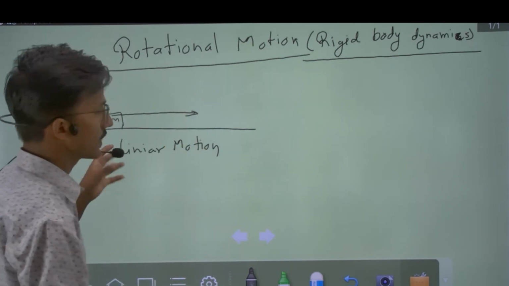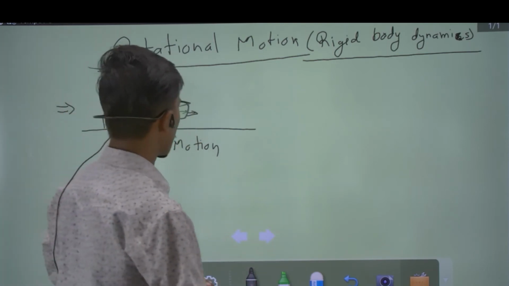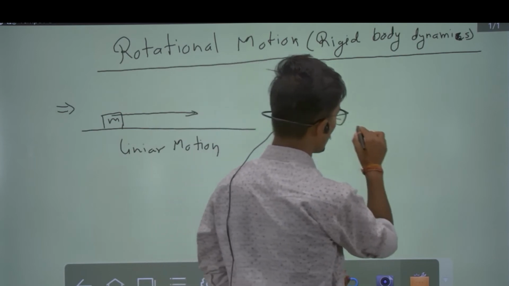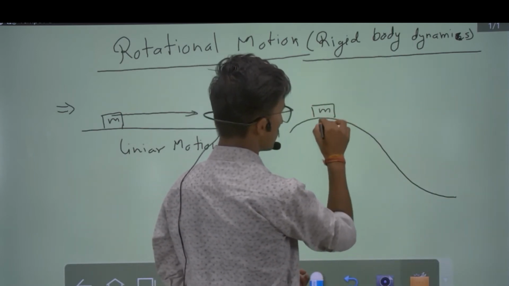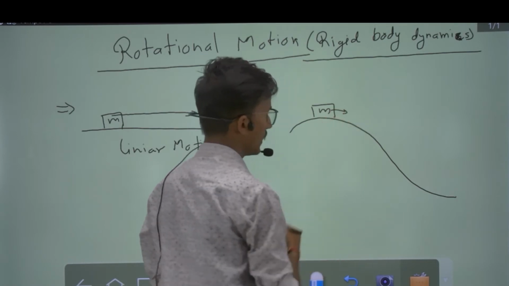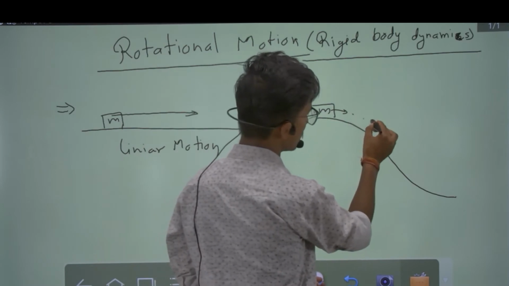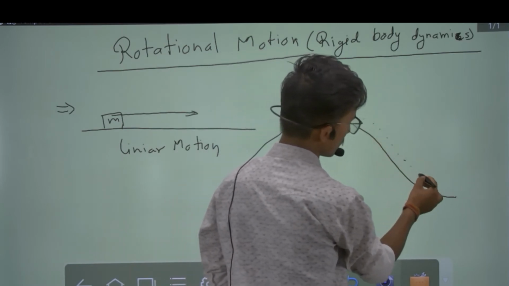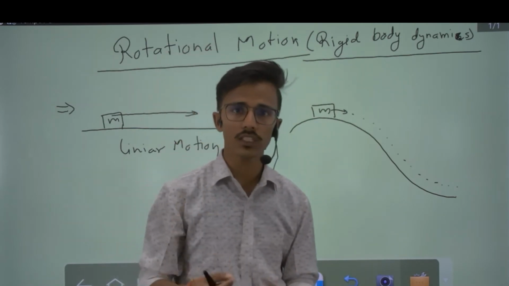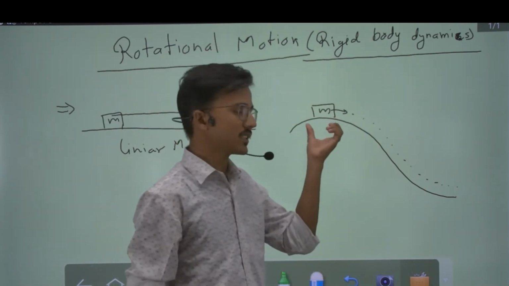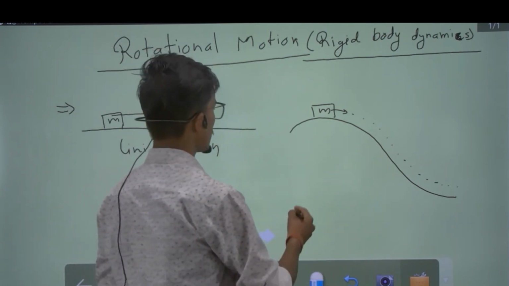That's why speed, velocity and acceleration will all be the same if a particle is moving like this. A mass m is here. If it's moving along a curve, the motion of every point in this mass m will still be the same.